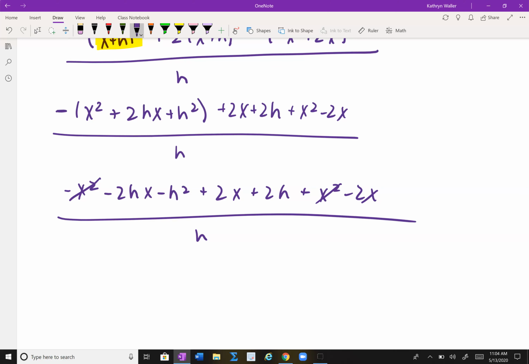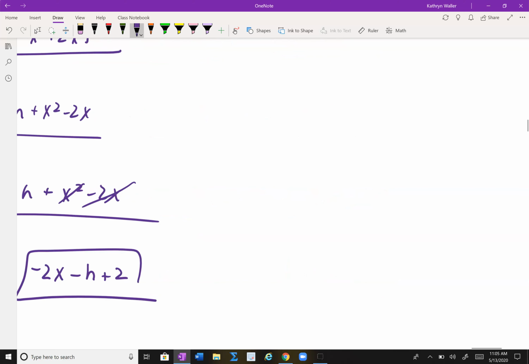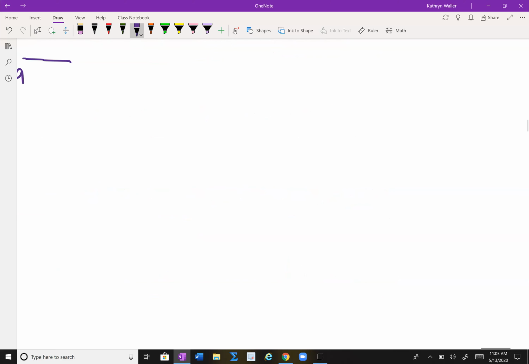X squared minus x squared cancel. Plus 2x minus 2x cancel. So I have negative 2hx minus h squared plus 2h all over h. And then everything has an h, so I can take an h out of everything. I have minus 2x minus h plus 2 all over 1. And that's it. Okay?